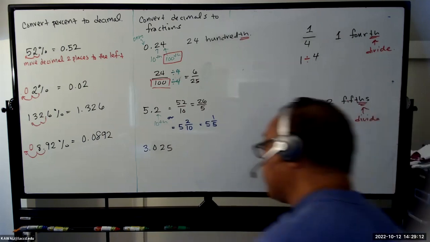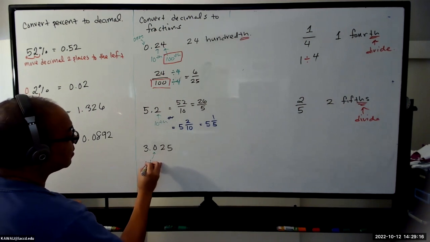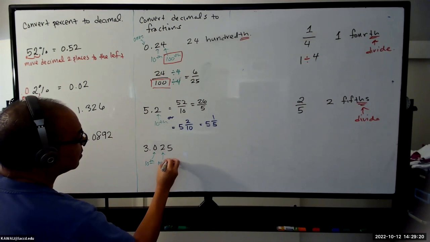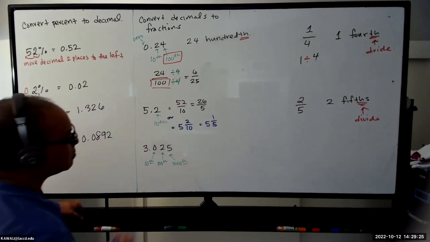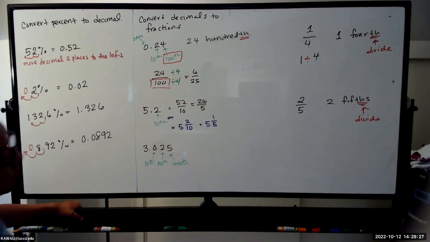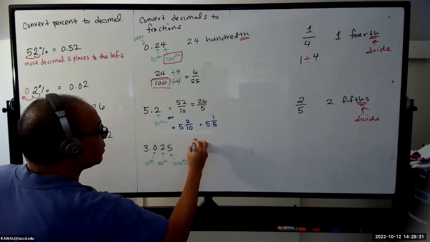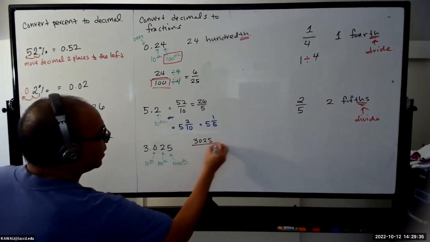Okay. So this right here is the 10th. This right here is the hundredths. This right here is the thousandths. Okay. So I can either do 3025 divided by 1,000.